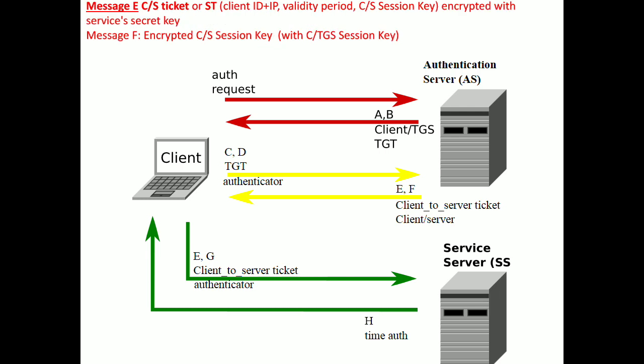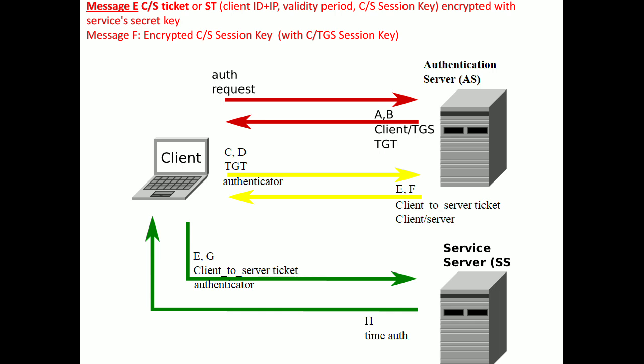Now the TGS then sends messages E and F to the client, and message E contains the service ticket, or the ticket of a resource which is hosted on a service. Now this service ticket is again encrypted, and it cannot be decrypted by the client, but it can only be replayed by the client, because it is encrypted with the secret key only known to the server where the resource is hosted.